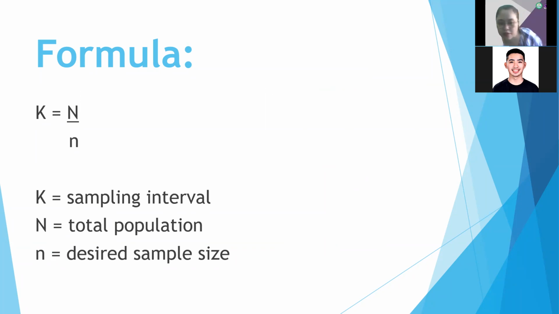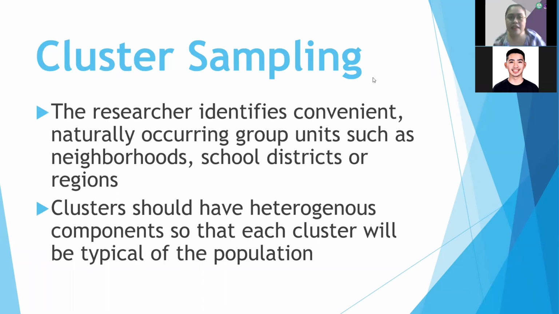Either you use Slovin's formula or you use the Raosoft calculator. Only the method of selecting differs. For example, if you need a sample size of 5, choosing the 5 is what is different, whether you use random, stratified, systematic, and the next one is called cluster sampling.